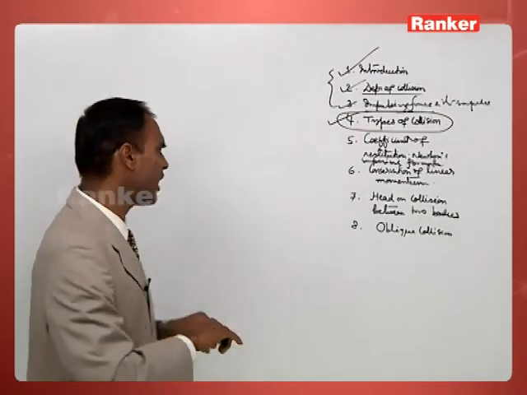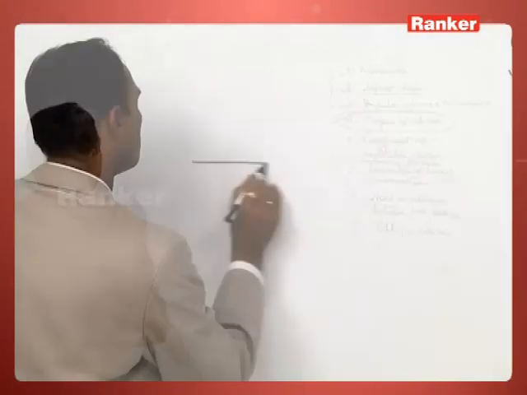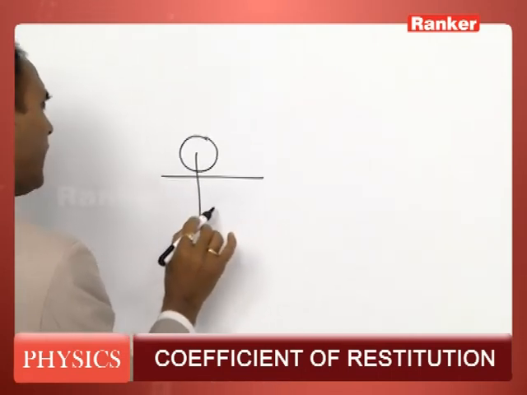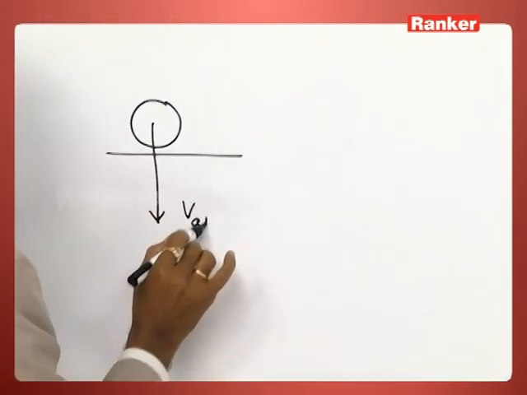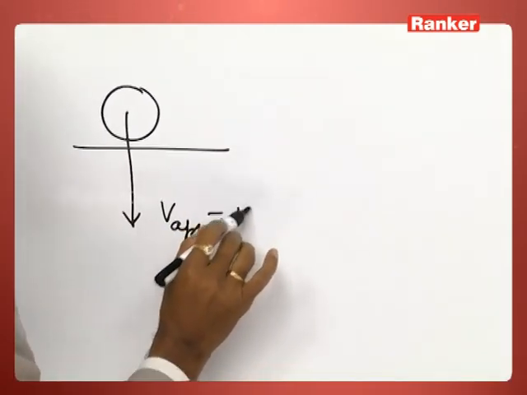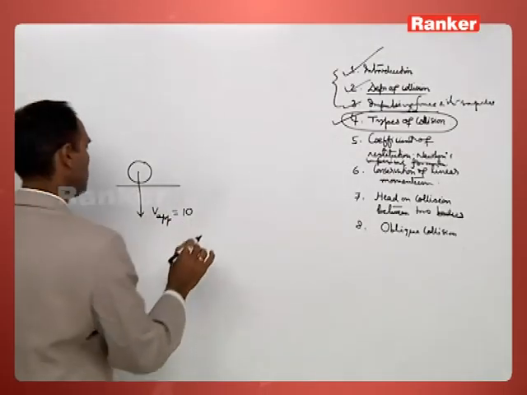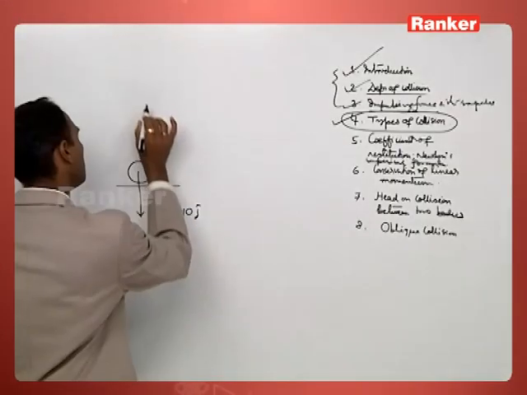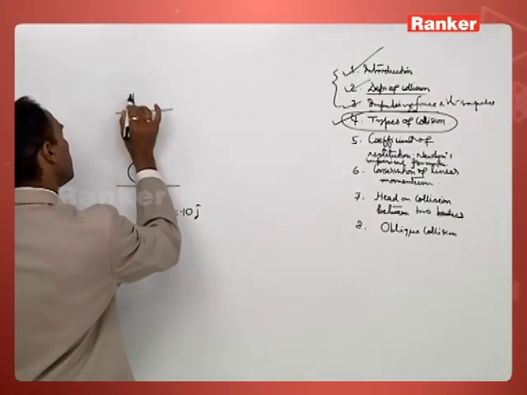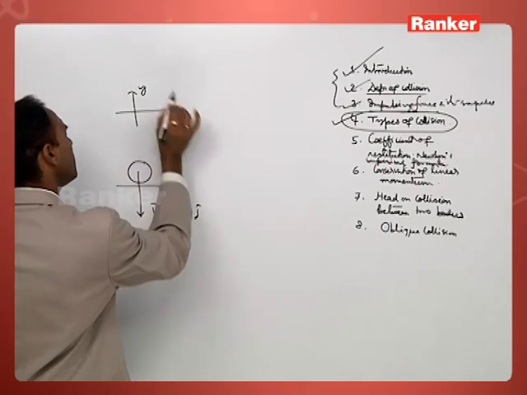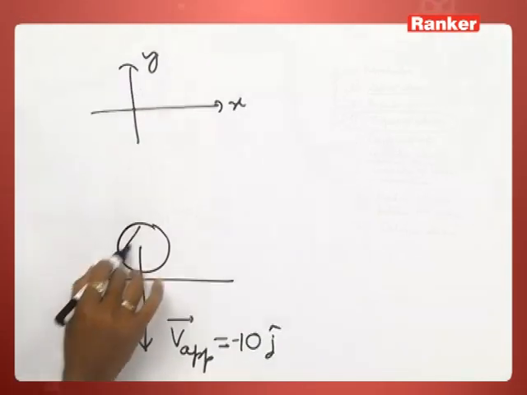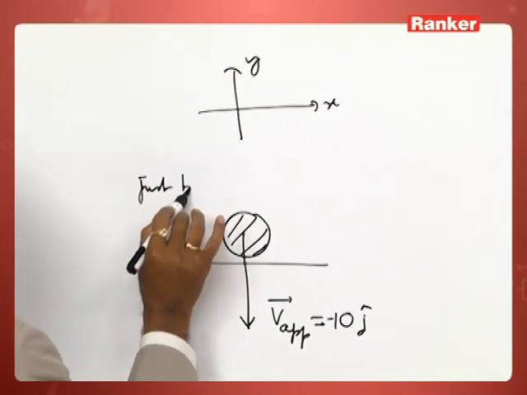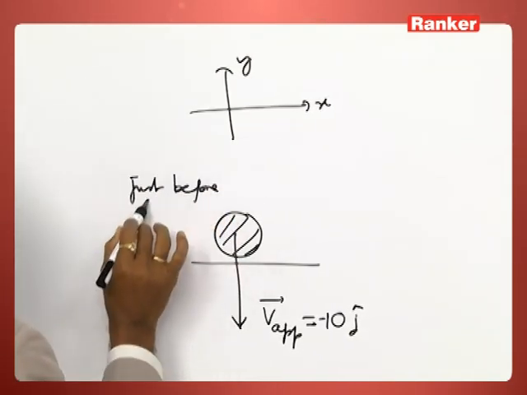Therefore, we can write the velocity of approach is 10 in negative y direction or downward. This is a scenario just before the collision.